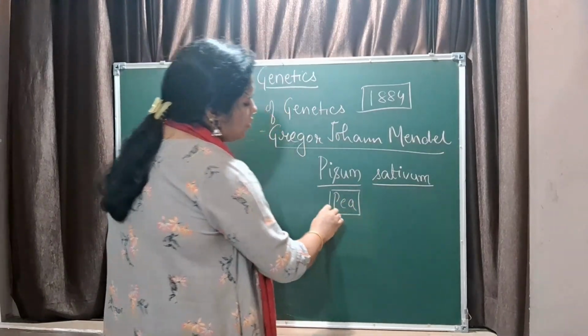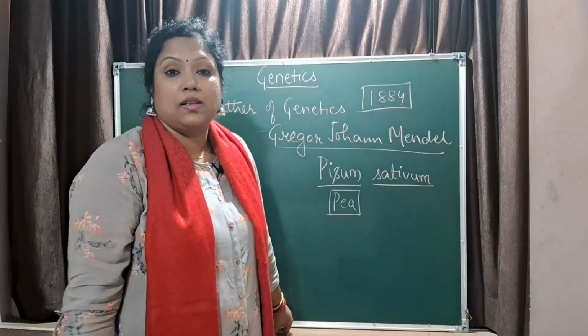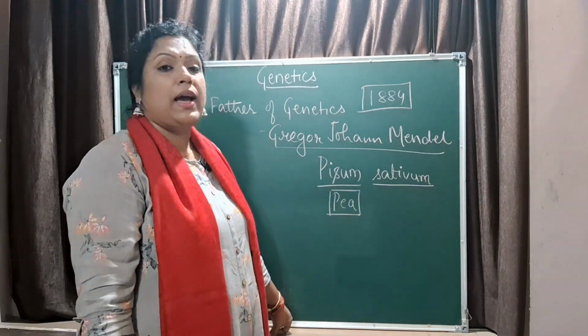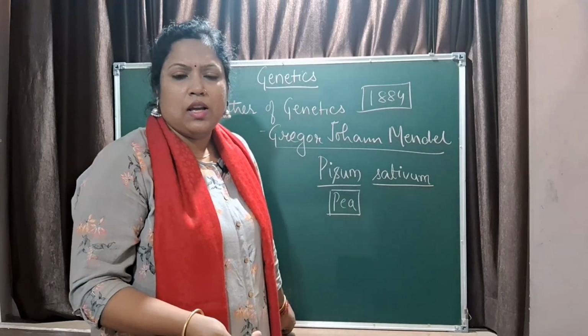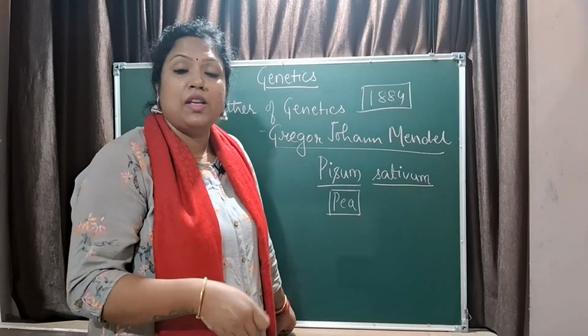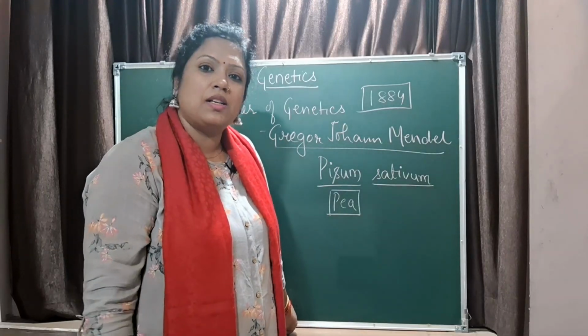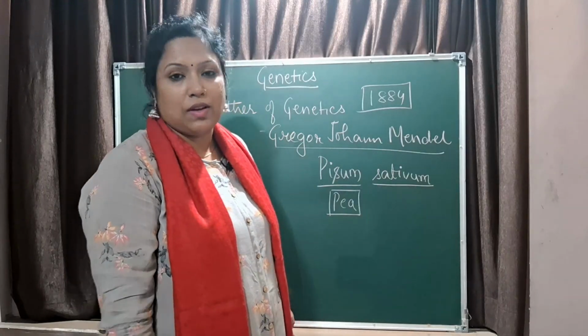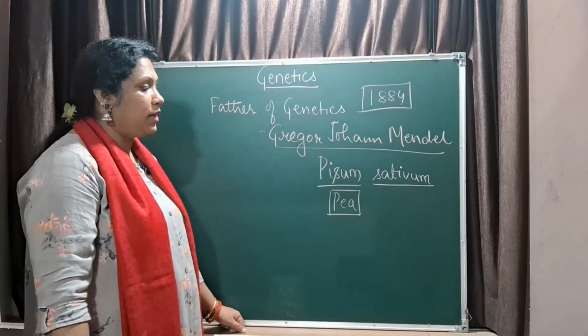Why was the pea plant chosen? Because it has a short lifespan, it had many visible characters, and many offspring can be produced in one generation. So it's easy to study if you have many generations in a very short period of time. Imagine him studying genetics with human beings, maybe survival was an issue. So Pisum sativum, very important.